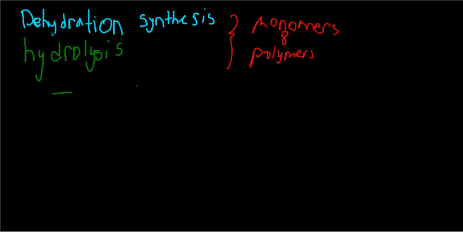So these are the two processes. One of them, dehydration synthesis, makes the bonds. It is the one that is actually bonding together the two monomers, and then hydrolysis is what breaks them up.